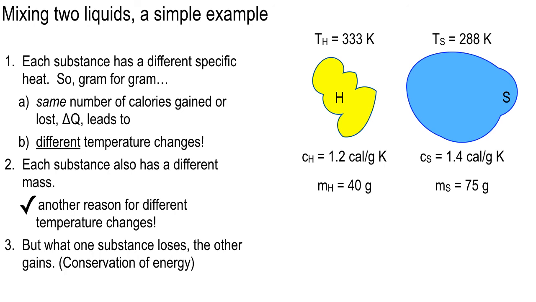Whatever energy we have is self-contained. So if substance H loses 200 calories, substance S is going to get it. It's not going to go anywhere else.